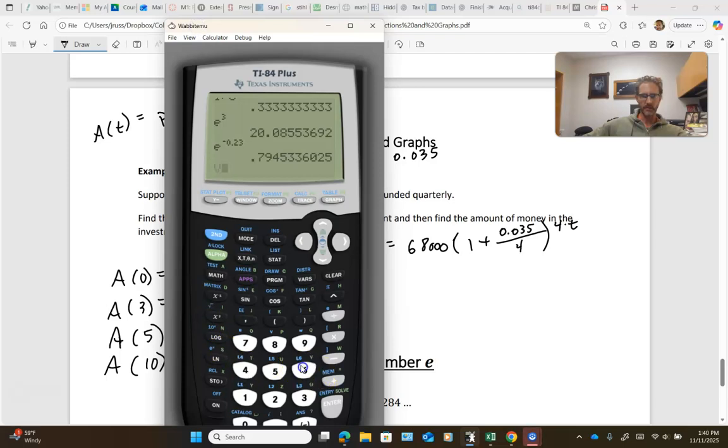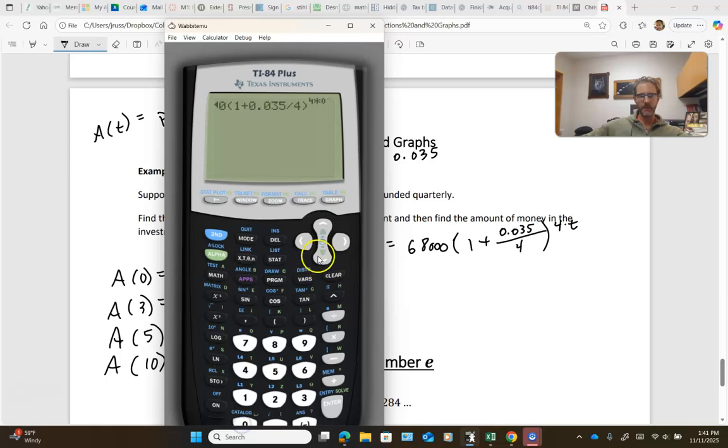So I'm going to type in 68,000 times, in parentheses, all of this, 1 plus 0.035 divided by 4, close those parentheses, and then raise this to the power of 4 times 0, because that's what we're plugging into the function.